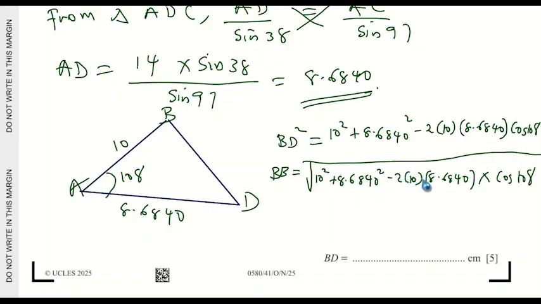So if you input this into your calculator, BD should be equal to 15.1 centimeters. So this is the end of my solution to the Cambridge IGCSE paper 4 variant 4.1.